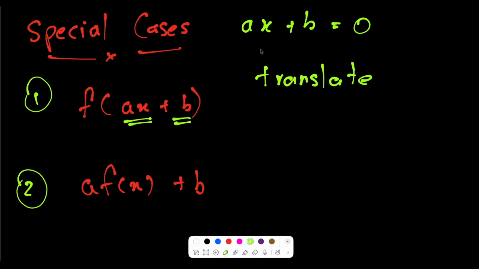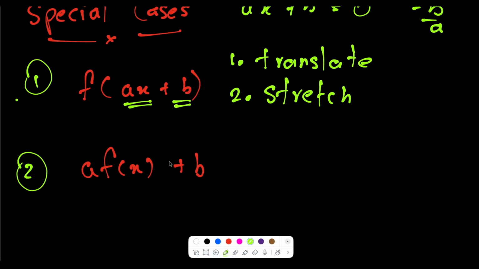And then you divide that result minus b by a, right? Therefore, the result that you get by translation, you're going to divide it by a, or basically multiply that by 1 over a. So stretch. So first you translate and second you stretch.